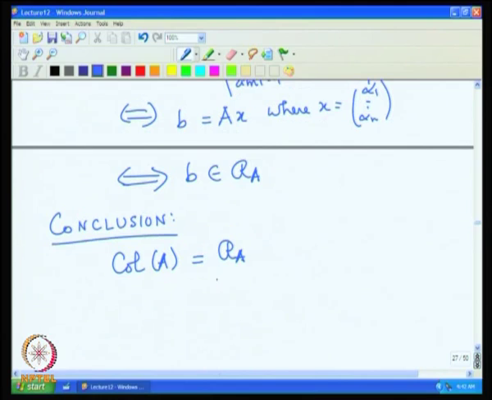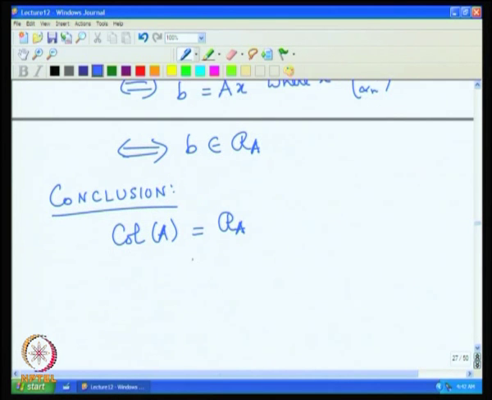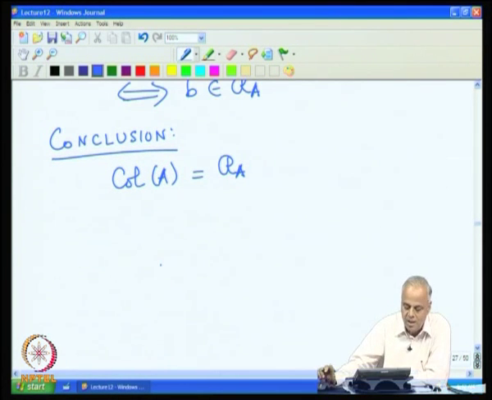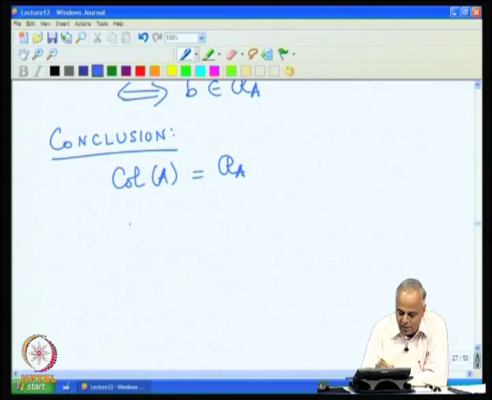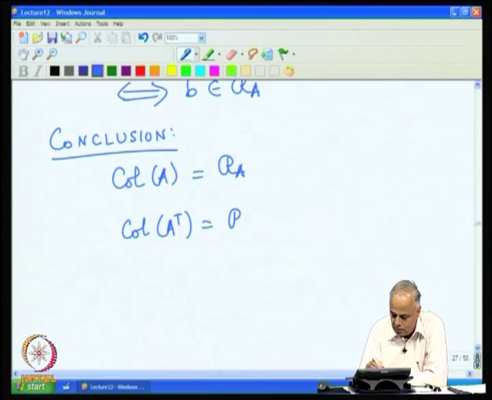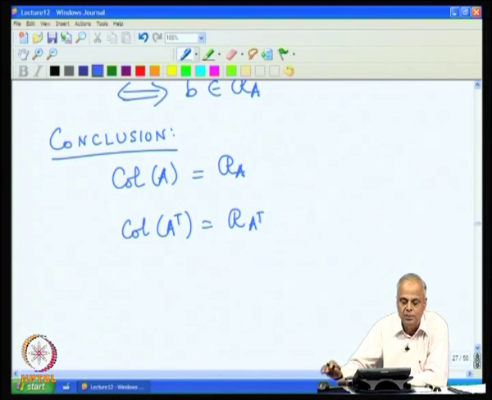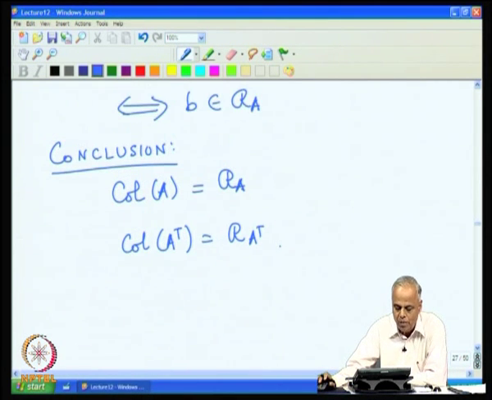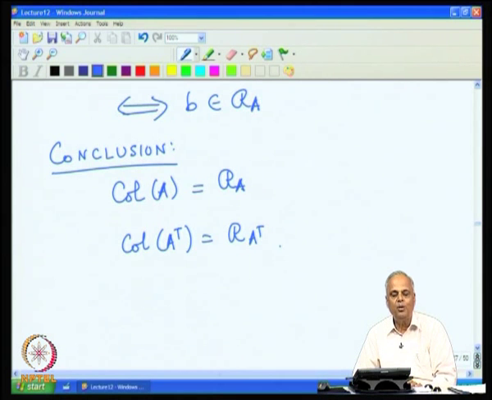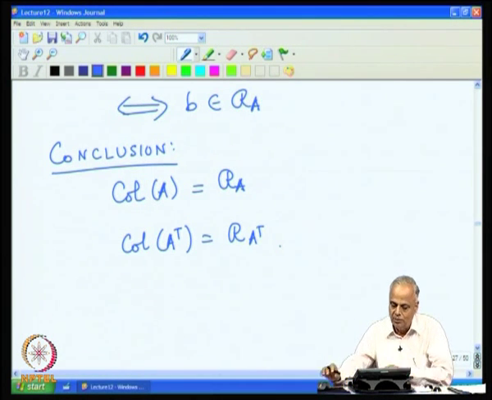So, for any matrix A, the column space and the range space are identical. Applying this to the matrix A transpose, we get that the column space of A transpose is the same as the range of A transpose. Now, we had the 6 subspaces, out of which 2 here collapse into the same and 2 here collapse into the same.